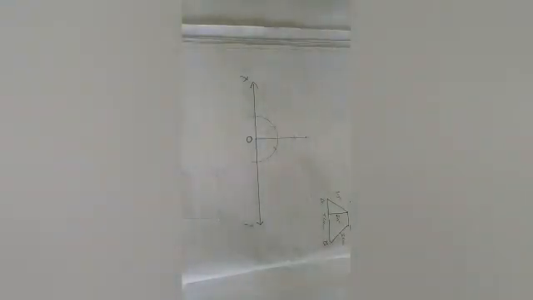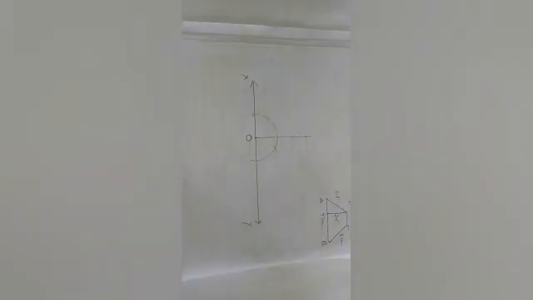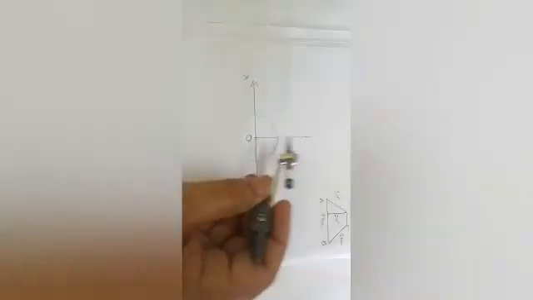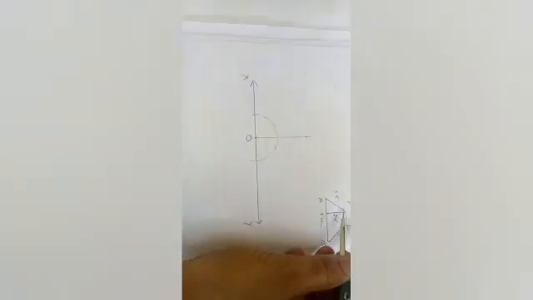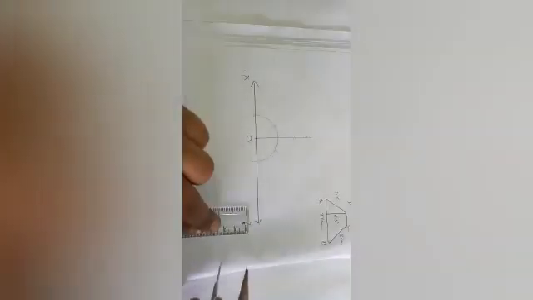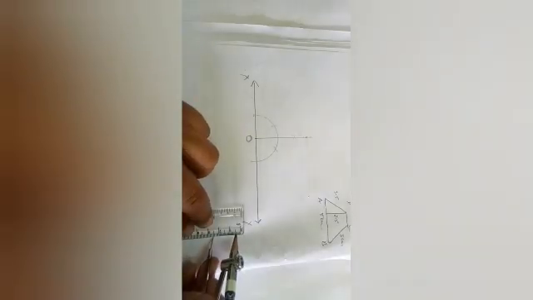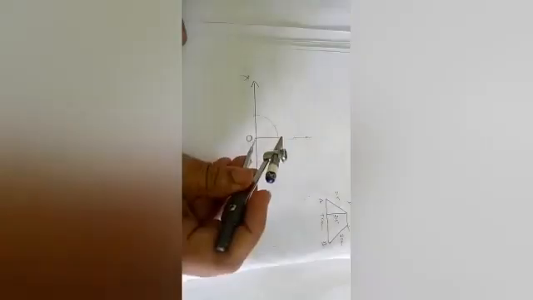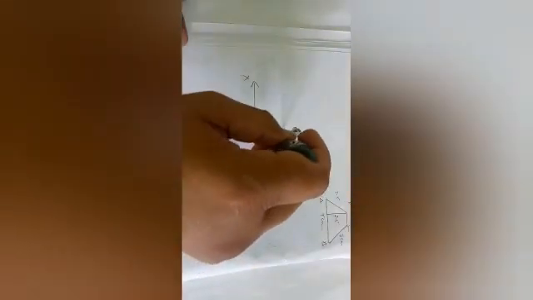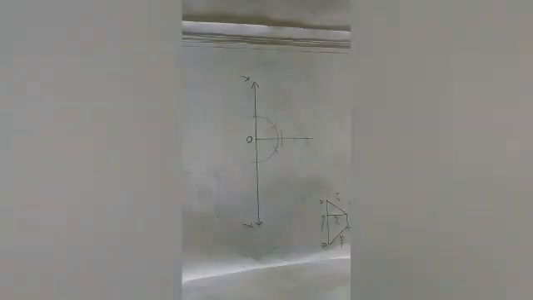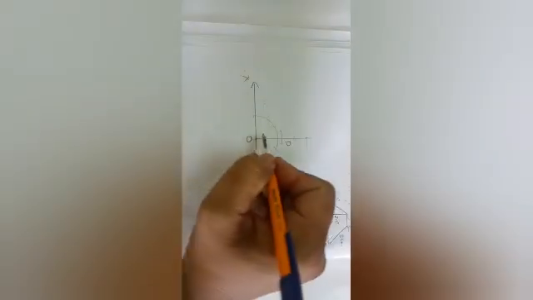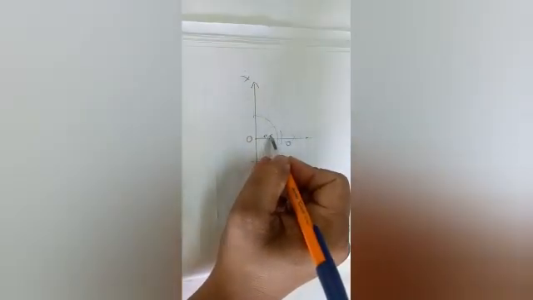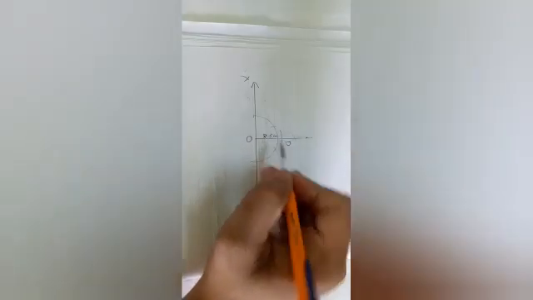This is the perpendicular. After drawing the perpendicular, how much is the distance between the two parallel lines? It is 2.5. Take an arc of 2.5 centimeter. From point O, cut an arc of 2.5 centimeter. Name it D and write over here 2.5 centimeter.